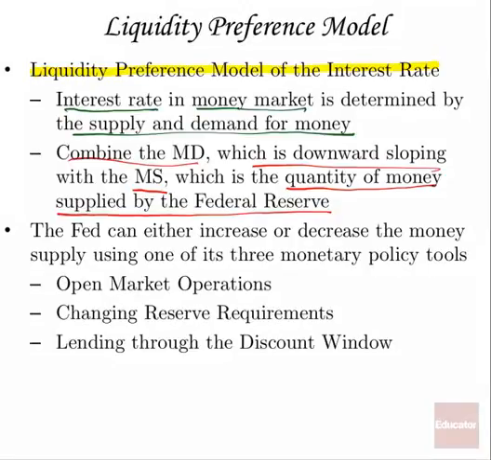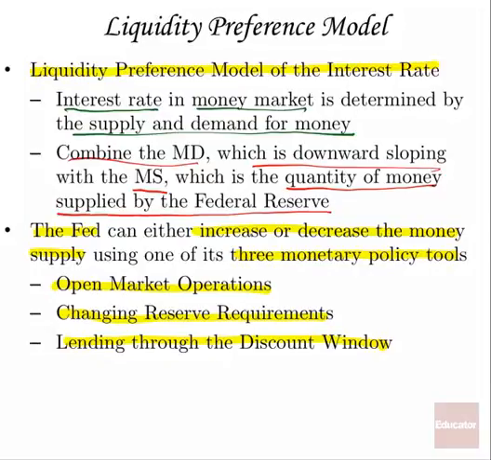So the Fed can either increase or decrease the money supply by using one of its three monetary policy tools. We discussed these: open market operations, changing reserve requirements, and lending through the discount window. I'll show you specifically what the impact is, and we'll draw it out in an example.